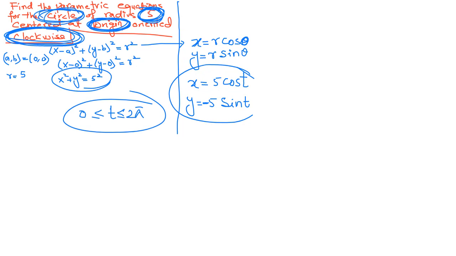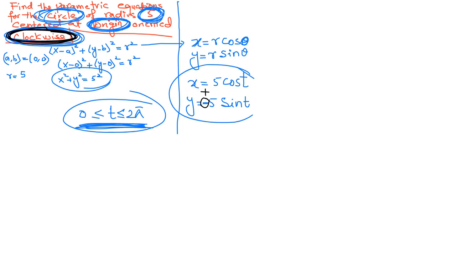A complete circle is only possible when t is between 0 and 2 pi. Understand? If in the exam I write counterclockwise instead of clockwise, then this minus will be plus and the rest of the things are the same. If it is clockwise then we write the negative sign.